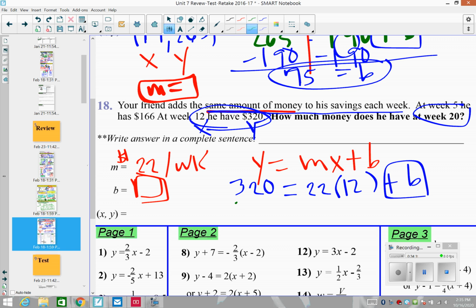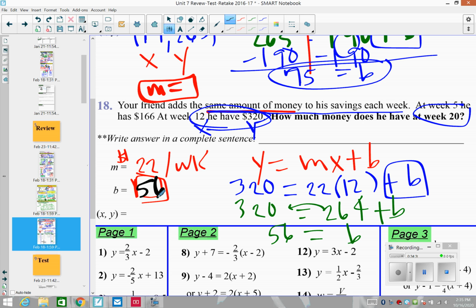So we get 320 is equal to 264 plus b. And when you subtract the 264, we get b equals 56. The starting amount in the account was $56, which will be helpful for me to answer that final question.